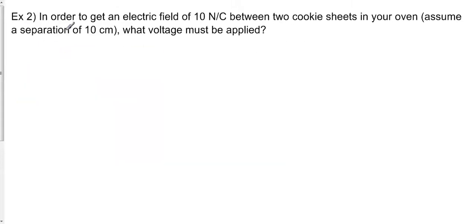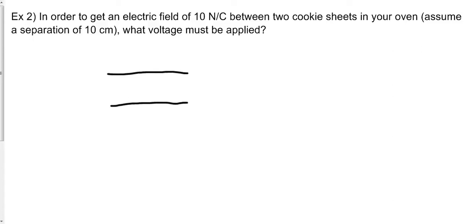So now let's look at something maybe a little more ridiculous. Where we have your cookie sheets inside of your oven, and they're 10 centimeters apart, and for some reason you want to have an electric field of 10 newtons per coulomb, and so I want to know what voltage you have to apply to your cookie sheets in order to make that work. So what I'm saying here is I've got one cookie sheet here, one cookie sheet here, and in between them I want to have an electric field.